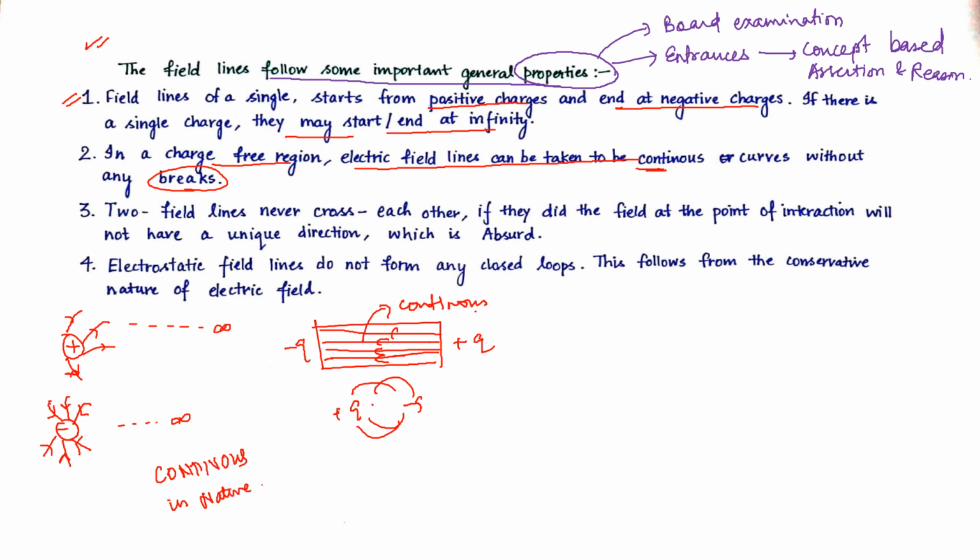Two field lines never cross each other. If they did, the field at the point of intersection would not have a unique direction and it looks absurd. How does it happen? Like this is our charge and this is the electric field around the charged particle. Now the direction of the electric field is taken by a tangent.